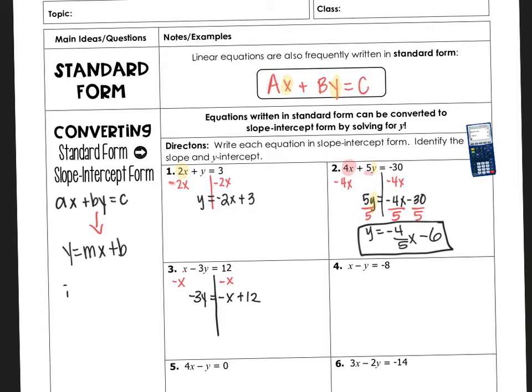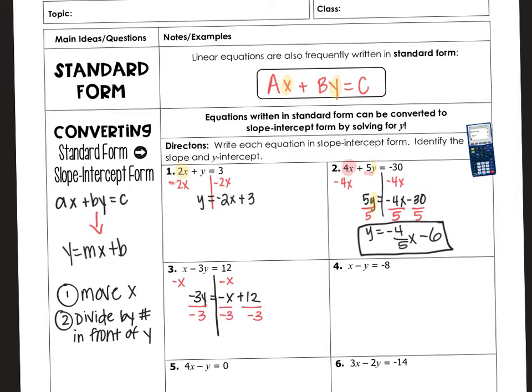So our first thing is to move our x by doing the opposite, and then we need to divide by the number in front of y. In this case, it's negative 3, so let's divide by negative 3.